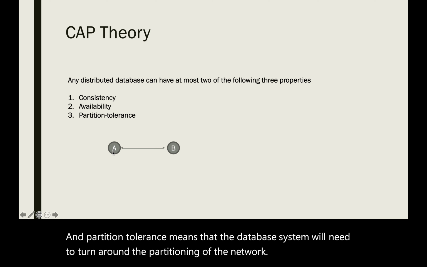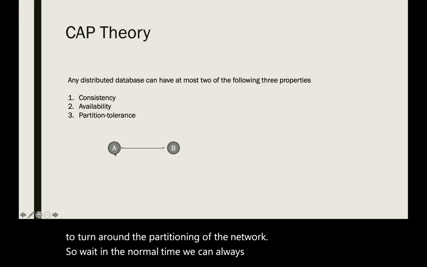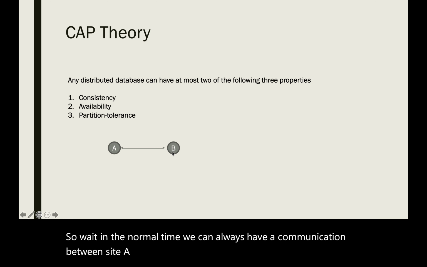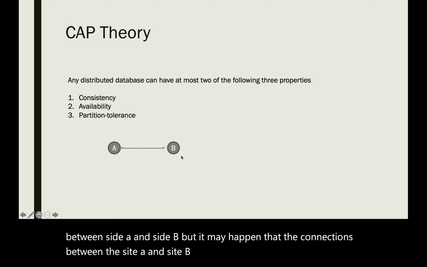In normal times, we can always have communication between site A and site B, but it may happen that the connection between site A and site B cannot be established, which is a failure of the network.